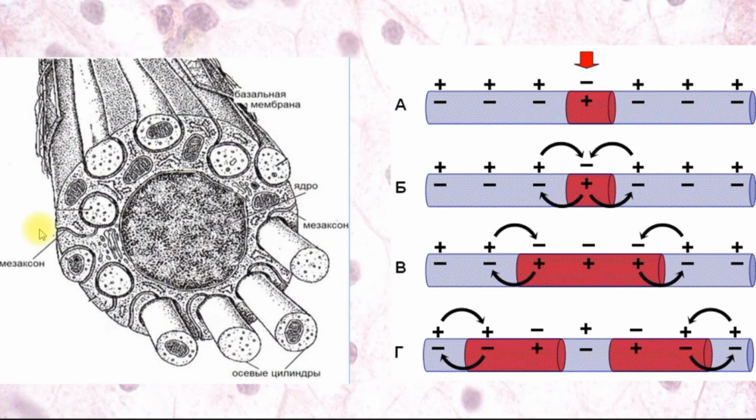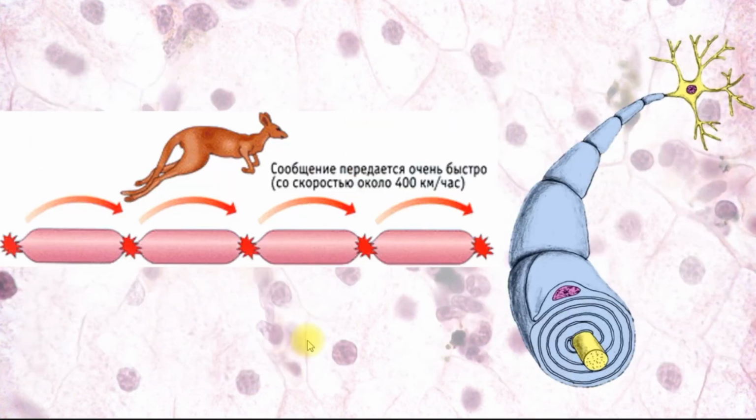Unmyelinated nerve fibers provide slow conduction of impulses. The impulse runs continuously without any gaps, and it's slow conduction. A wave of depolarization runs on the plasma membrane of the axon or dendrite in one direction. In myelinated nerve fibers, it's the saltatory type of conduction of nerve impulse.